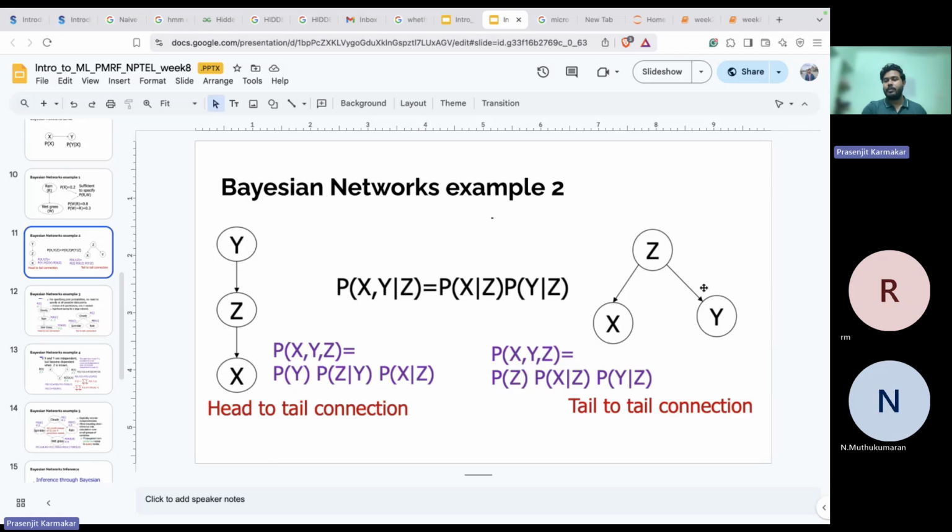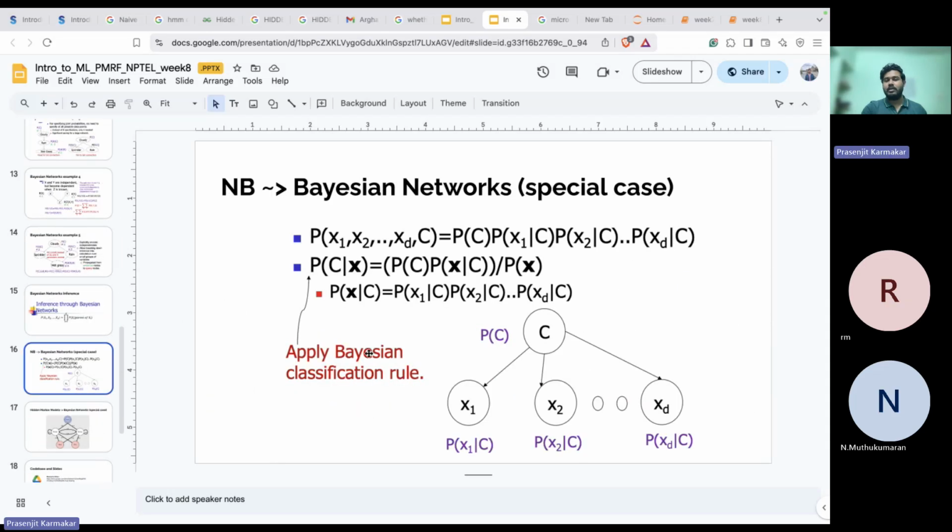And if you go upward, you can use the Bayes theorem. So in the naive Bayes classifier, the graph looks like this: there is a particular class which influences all the features, and you can compute that with the Bayes theorem approach.